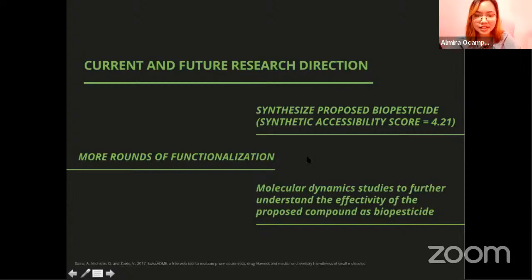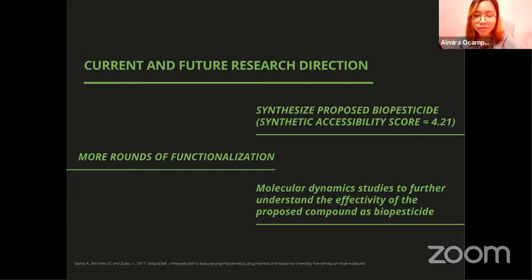So some current paths for this research are to synthesize this carine analog. First, we predicted, okay, there's a tool online where we can predict its synthetic accessibility, wherein we can predict how easy it is to synthesize our compound that we just edited.